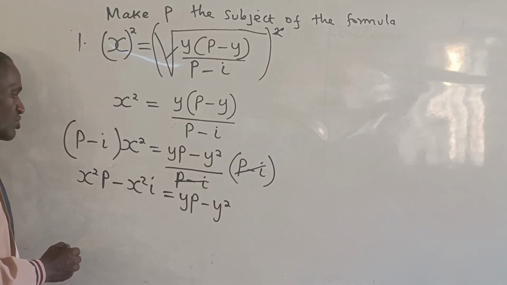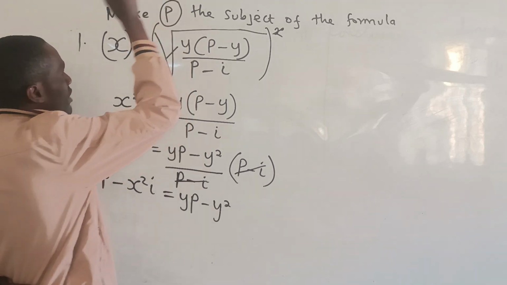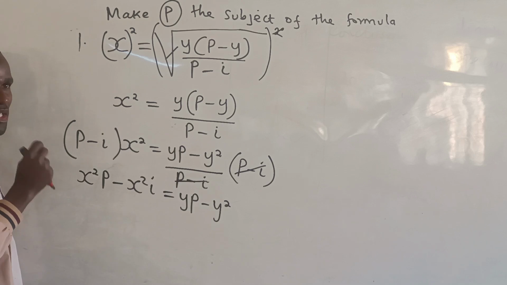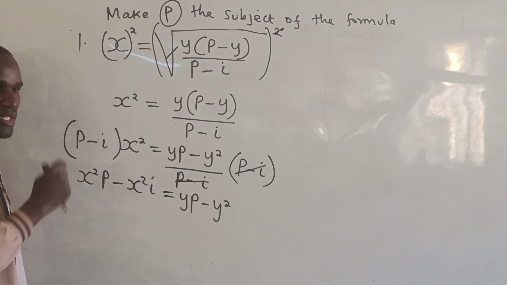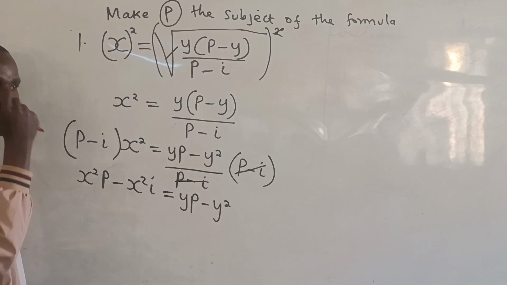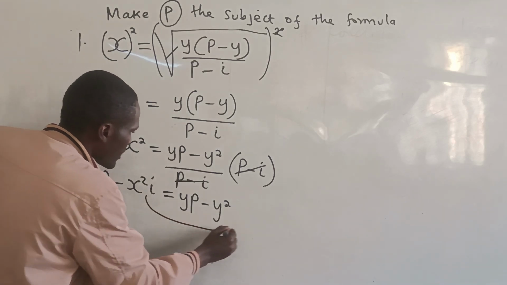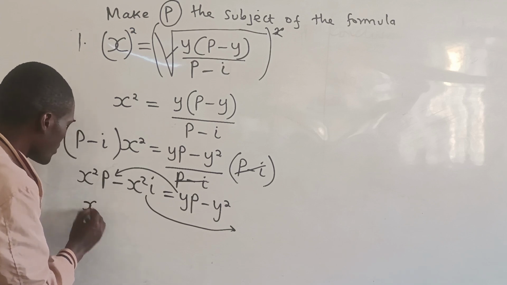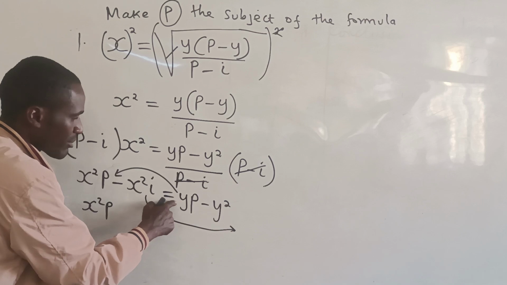Okay, the next thing is to collect like terms. How do I collect like terms? Because I want to make P the subject of the formula, I need to ensure that any expression that has P gets put on one side. So all those terms with a P should be put on one side for the purpose of making P the subject of the formula. So I can decide to pick this and take it on this side, then take this on the other side. So I have x squared p. Then this is yp. We assume there's a positive sign here.